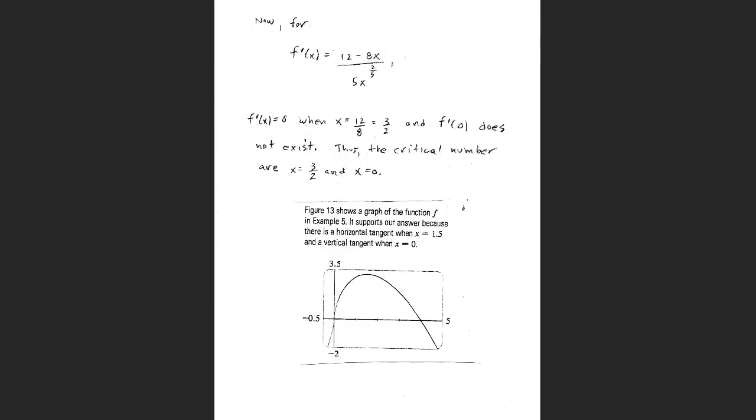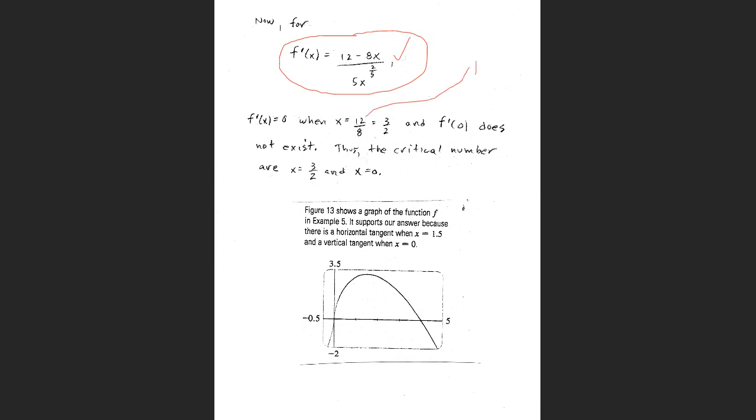Okay, so now f prime of x equals (12 minus 8x) over 5 times x to the 2/5. When the derivative is in this form, I know that the derivative will equal 0 when x equals 12/8. And why is that?